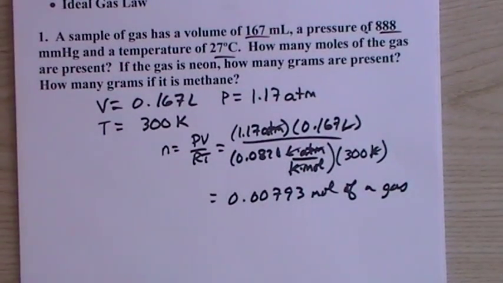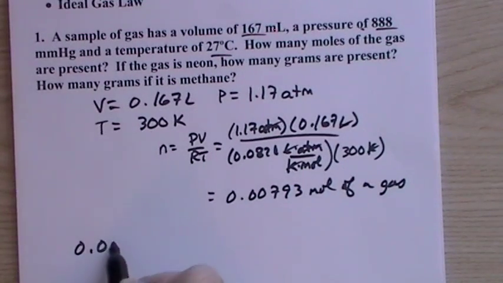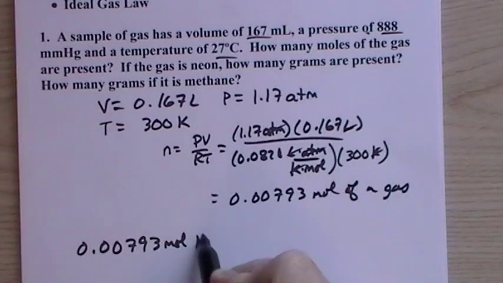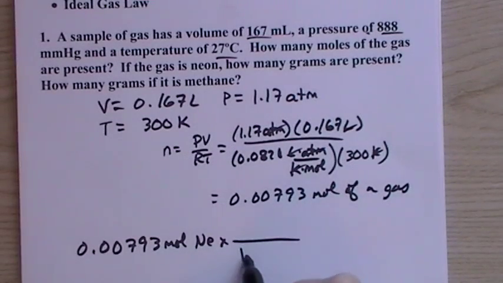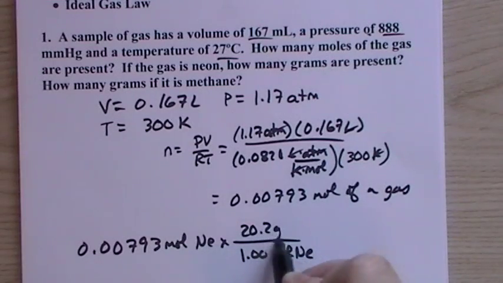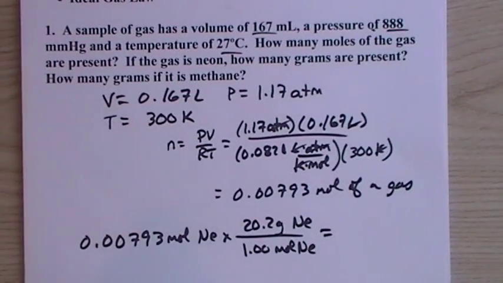So this system is saying that we have a sample of gas, and so what mass of gas is present if it's neon? So we take now, this is chapter 3 stuff, moles of neon, we're assuming that's what it is. 1 mole of neon is 20.2 grams of neon, going to the periodic table.